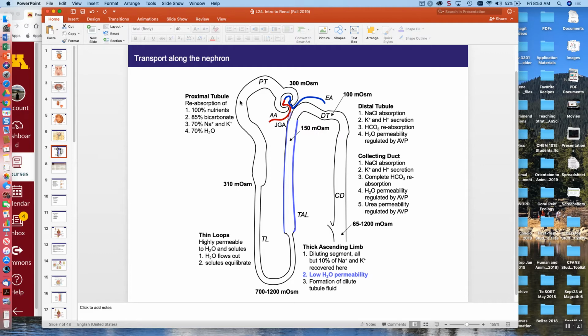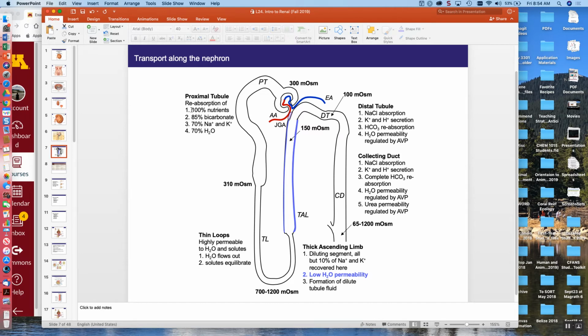Reabsorption means that you're pulling out very essential molecules. You want to recover them and bring them back into your blood. You don't want to lose them to your environment, in your urine. So reabsorption means that you're pulling molecules out of this tube. It's being transported across the epithelial cells back into the blood, being recovered. You don't want to lose that stuff.